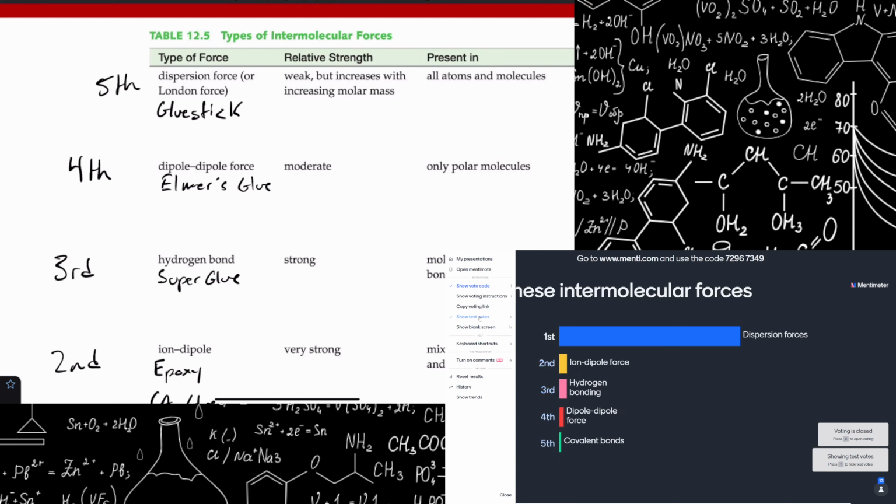Yeah, so maybe just spend some time with this in terms of ranking these different types of forces. And maybe I'll make a note to add this to a quiz. So let me do that real quick. Okay. Good to know, though.